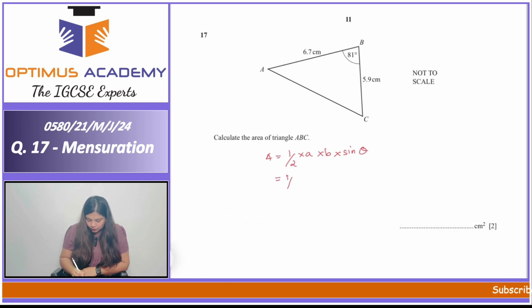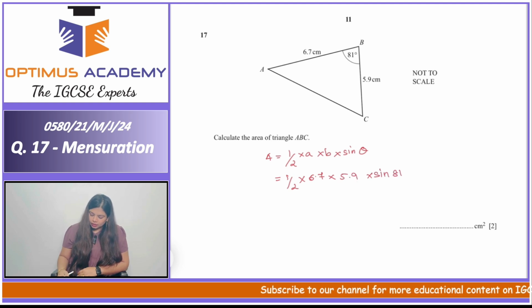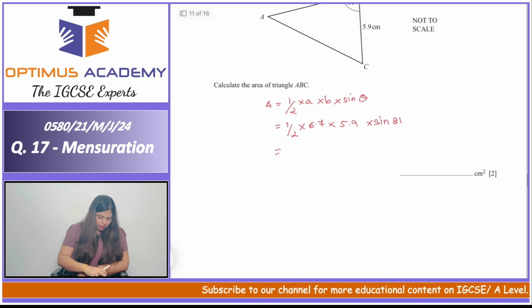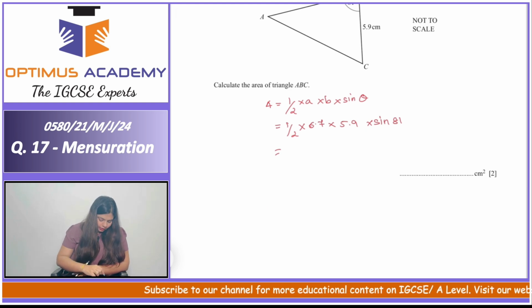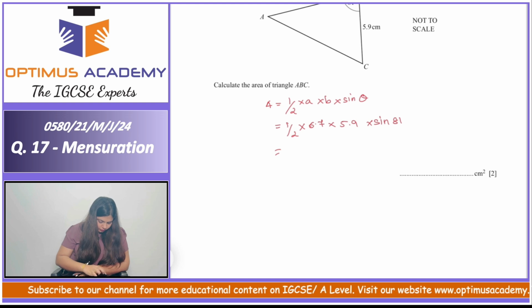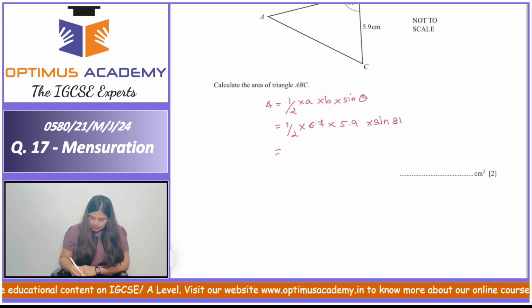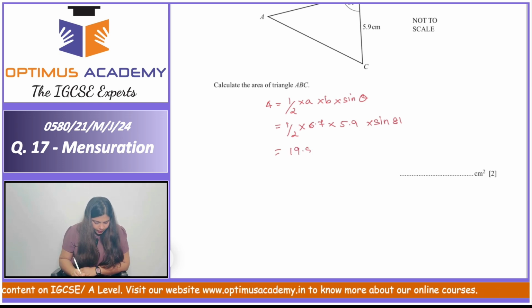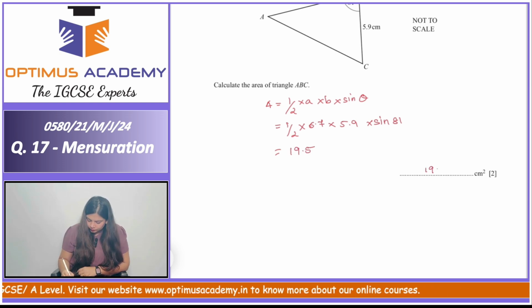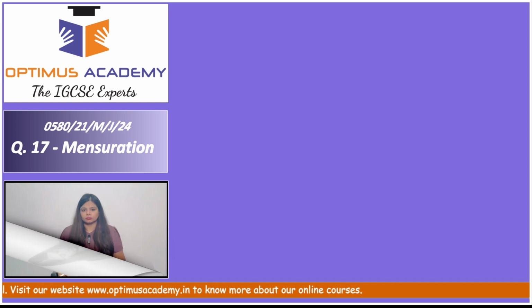That is half into 6.7 into 5.9 into sine 81, and calculating on the calculator we would get 19.5 as the final answer.